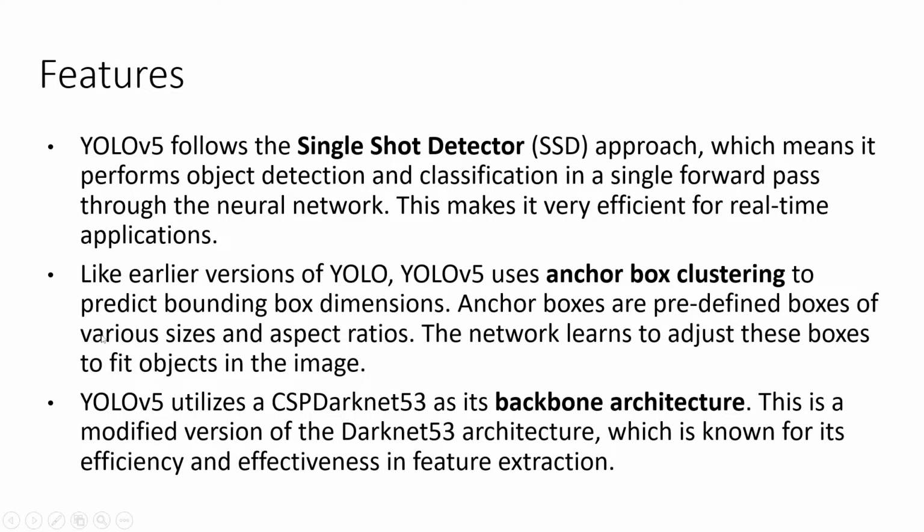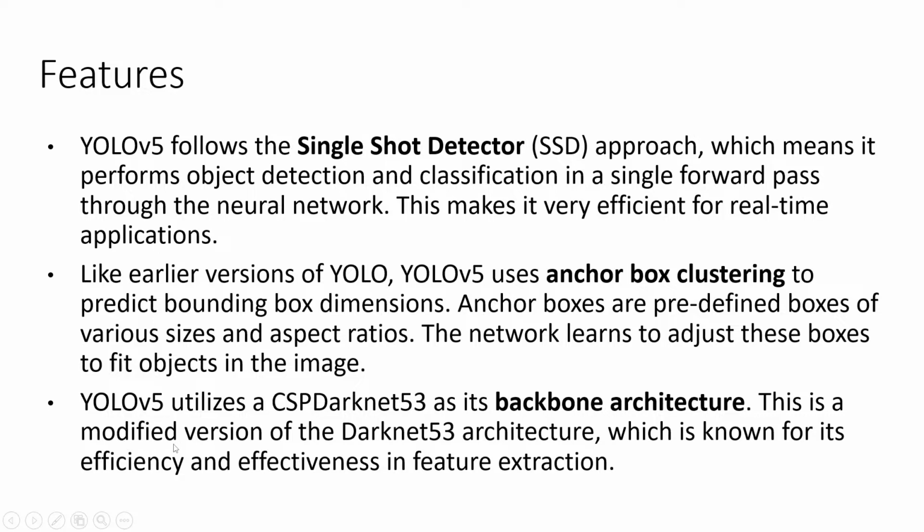Anchor boxes are predefined boxes with various sizes and aspect ratios. The network learns to adjust these boxes to fit the objects in the image. YOLO V5 utilizes CSP darknet as backbone architecture.